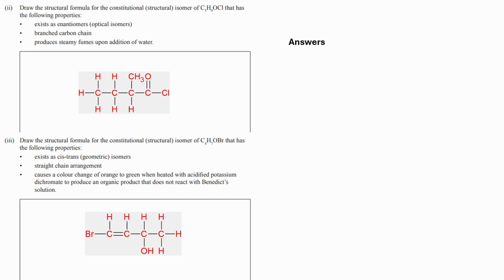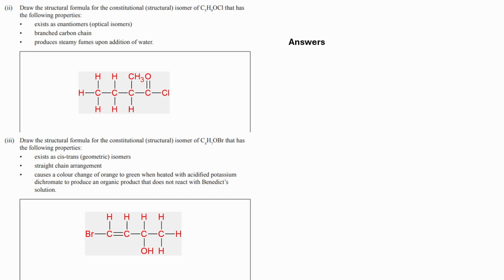We've got the OH coming off the second carbon, and we've got the double bond here on the end. The reason I put the bromine on the end here is because if I'd put a hydrogen here, then it would not be a cis-trans isomer. So if I put the bromine here with the hydrogen, then we can have cis-trans isomers.